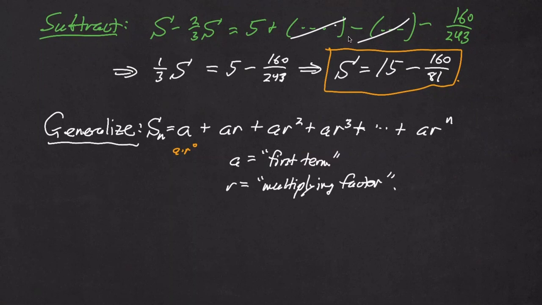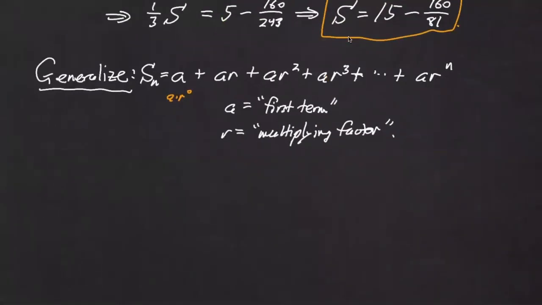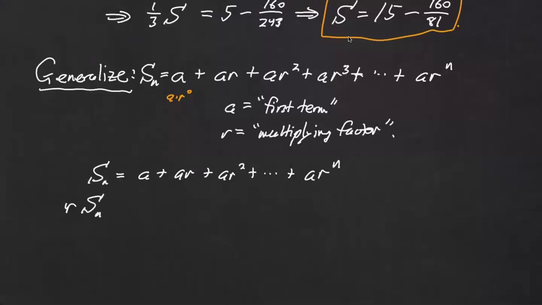Let's do the same thing. We'll multiply through by R, right? So let me just copy the formula down here. S sub n is A plus AR plus AR squared plus dot, dot, dot, plus AR to the N. And if we multiply by R, we multiply each term by R, right?